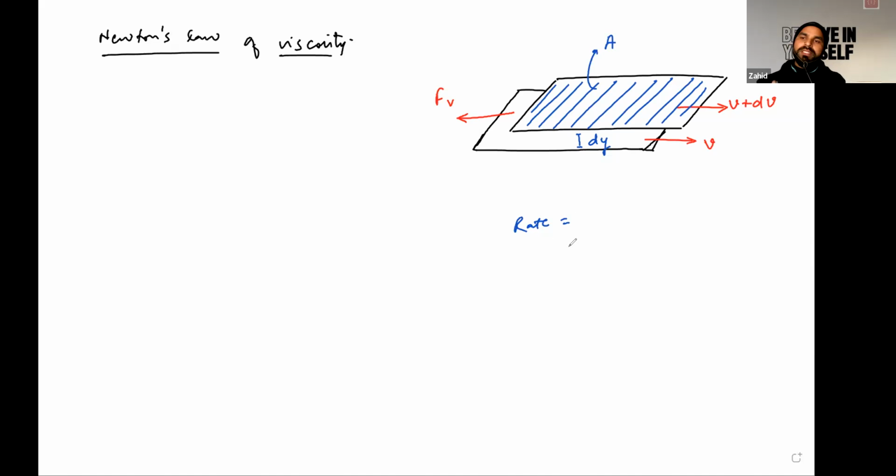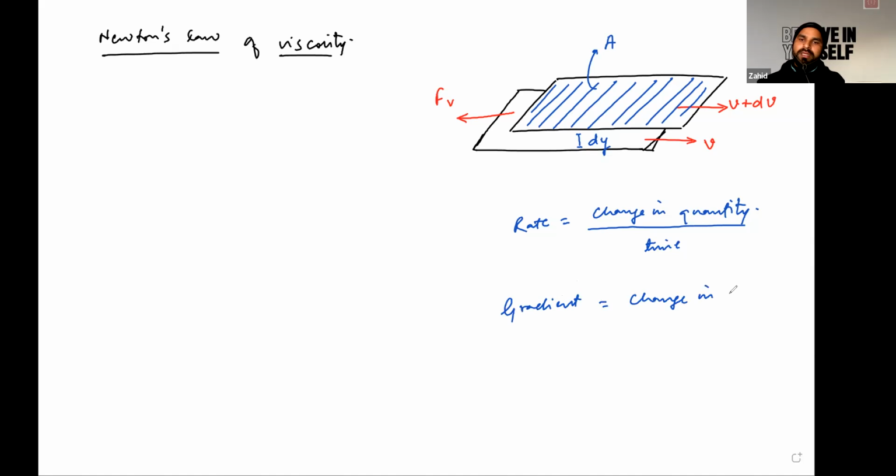Suppose a quantity is changing with respect to time, we can call it the rate of change in that particular quantity. So change in any physical quantity with respect to time is called rate. Similarly, there is another term that is called gradient.